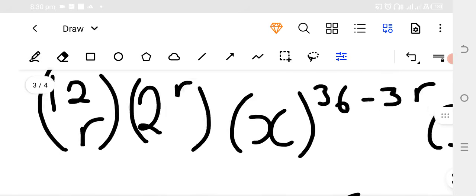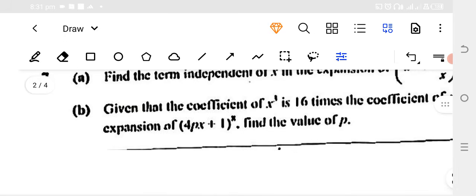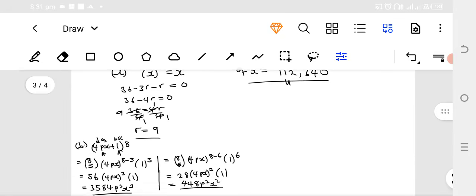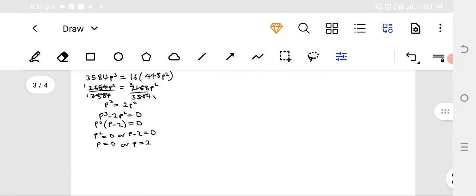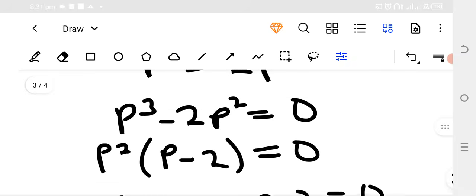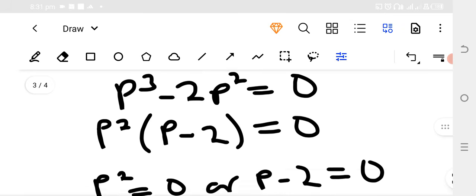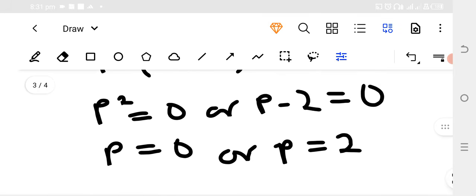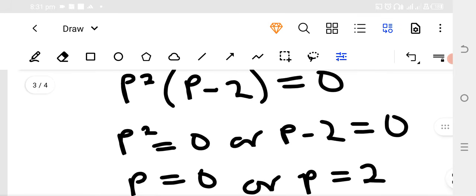Let's just go to the question. Were there any restrictions? Find the value of p. Okay, why are we finding two values of p here? The reason is because it's like a cubic, because it has power 3.